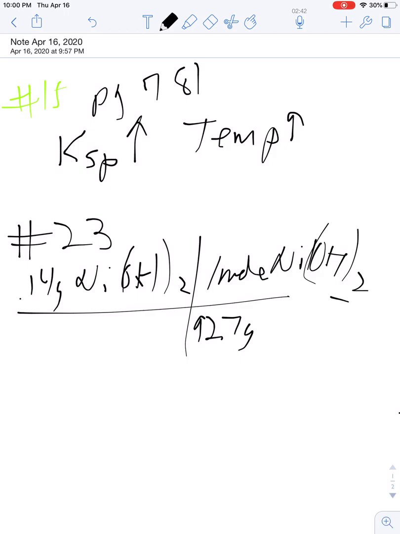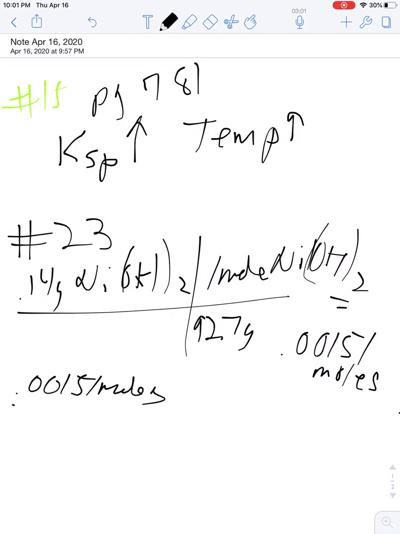Okay, so we'll calculate, and we're going to get 0.00151 moles. In this unit, you're going to get really small numbers, so don't be afraid. They're nice, they gave it to us in 1 liter, so my molarity is the same.